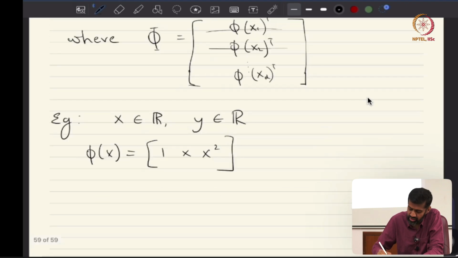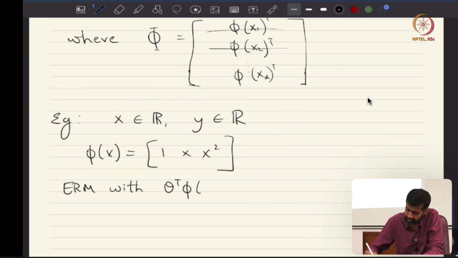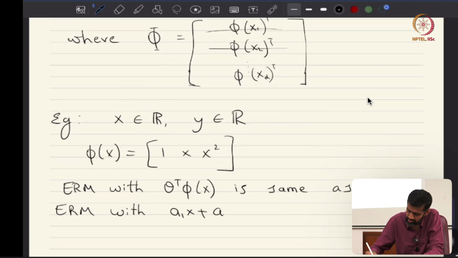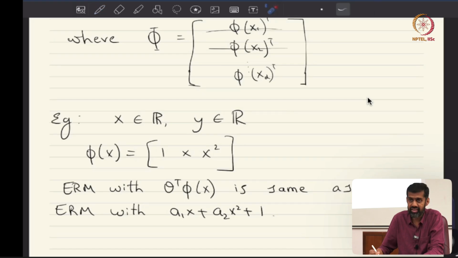Then ERM with theta transpose phi of x is the same as ERM with a1 x plus a2 x squared plus 1. That is it. Okay. So now what was quadratic in your data space became linear in the transform space.